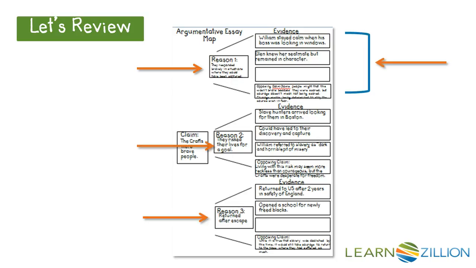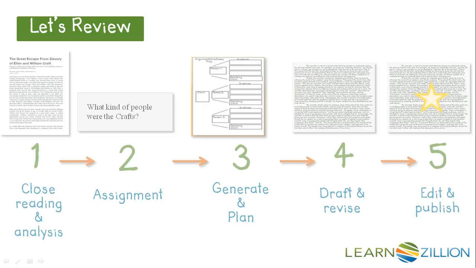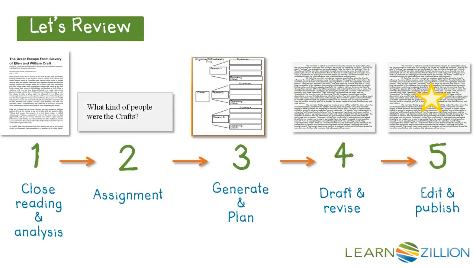And then the evidence for those reasons and the opposing claim will become the details of the paragraphs. So in the writing process, we are at the draft and revise step. Our next step in drafting will be to write the 3 body paragraphs of our essay. We'll need our essay map to help us keep our essay on the right track.